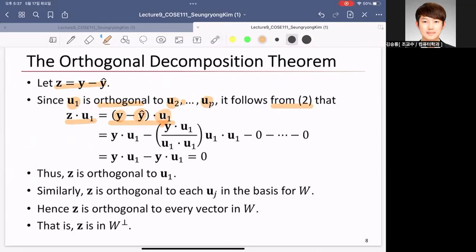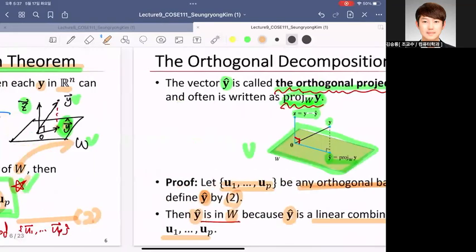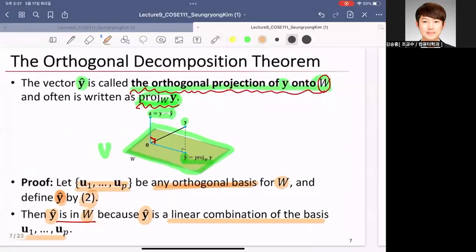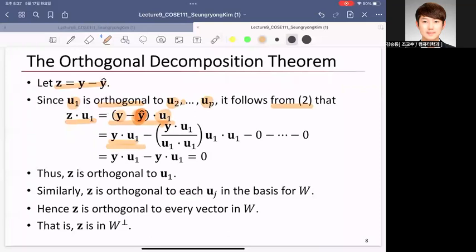Let's find that. Then y inner product u1 minus, substituting the definition of y hat into this equation, it looks like this.